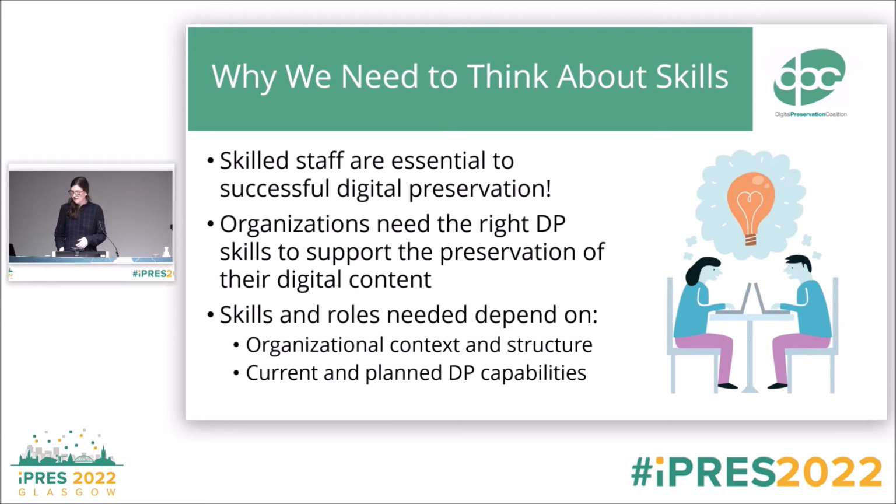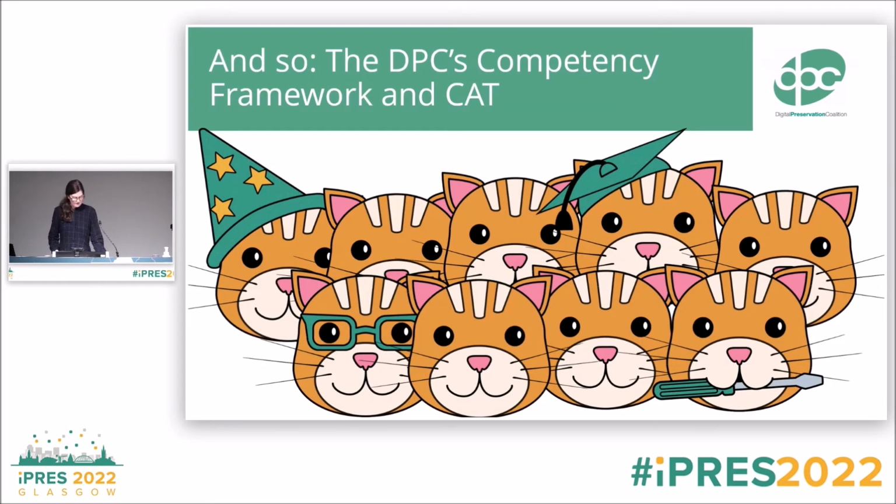So skills, again, depend on organizational context and structure, current and planned digital preservation capabilities, and also it being essential to have collaboration among different people with different skill sets. Which is why, ta-da, here are the cats. This is why Sharon and I helped develop the DPC competency framework and CAT.